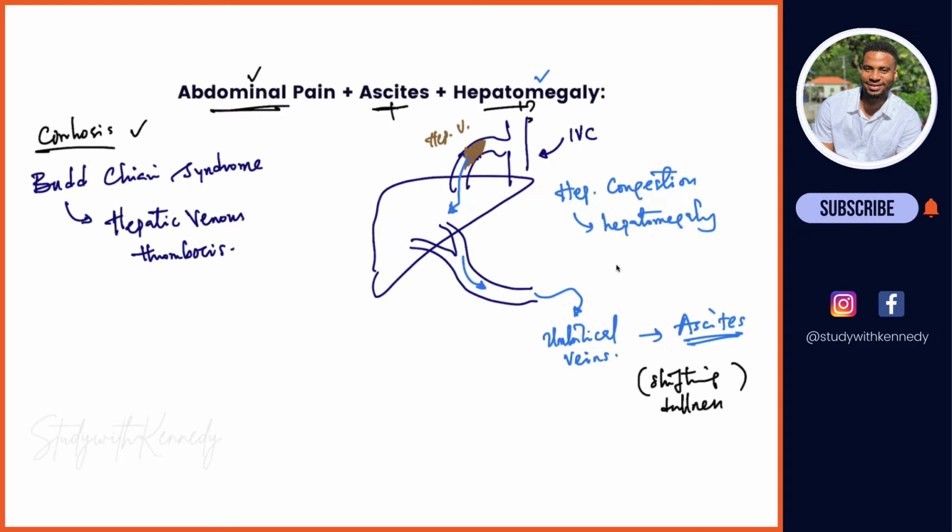You need to actually understand how the symptoms occur. Why do XYZ symptoms present in XYZ disease? Not just memorize that, okay, Budd-Chiari syndrome. If you read your First Aid, there's thrombosis, there's congestion, there's probably necrosis of the liver, and you've memorized it. But when they give it to you in a vignette form, you don't know what they are talking about.